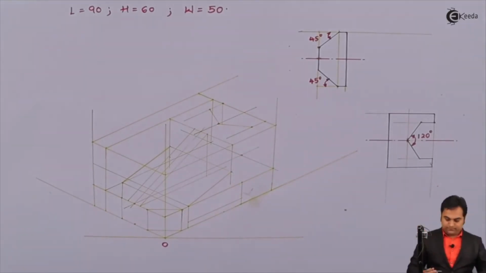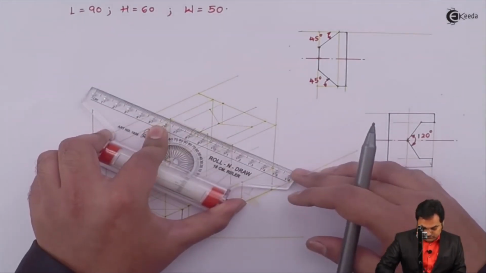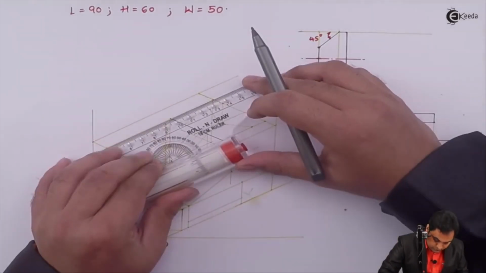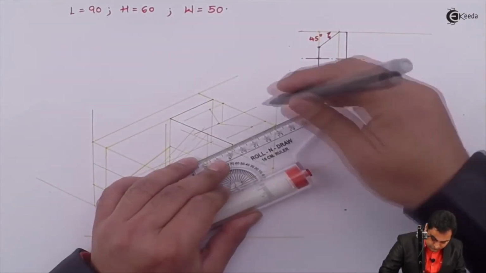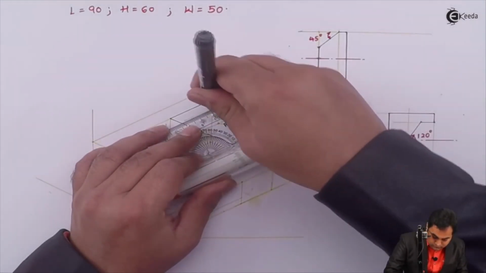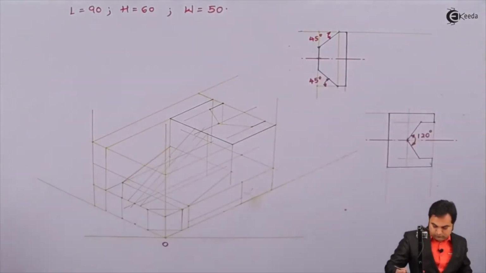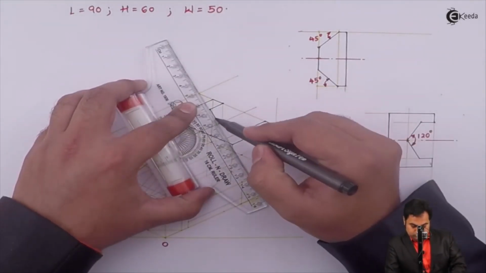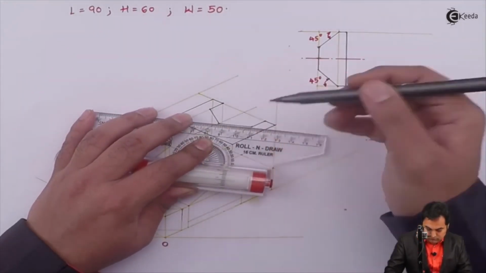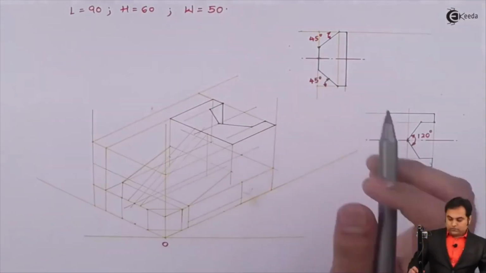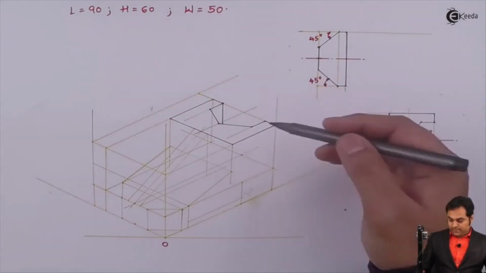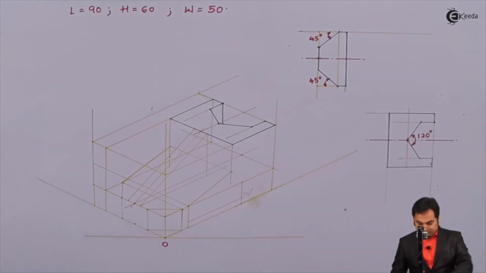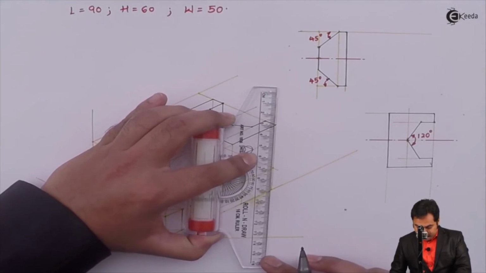This block. Now this is the surface which is visible from the top. Then it is up to 60 mm height, the total height.